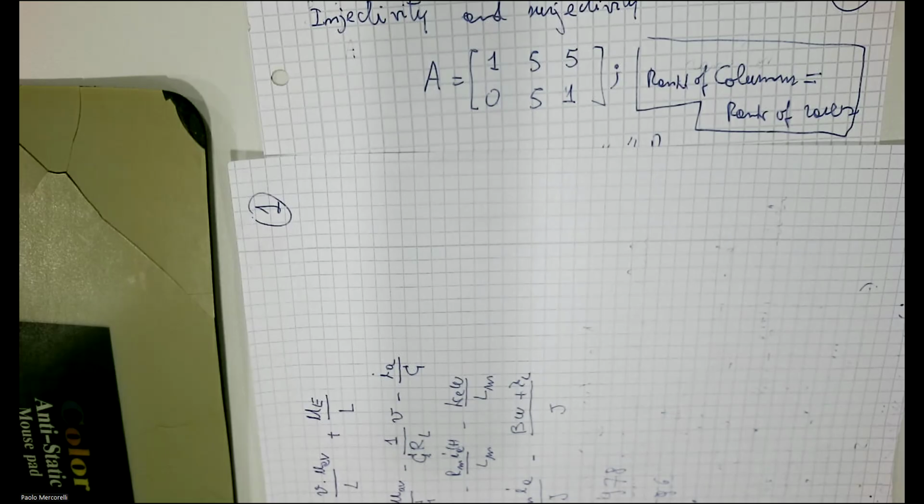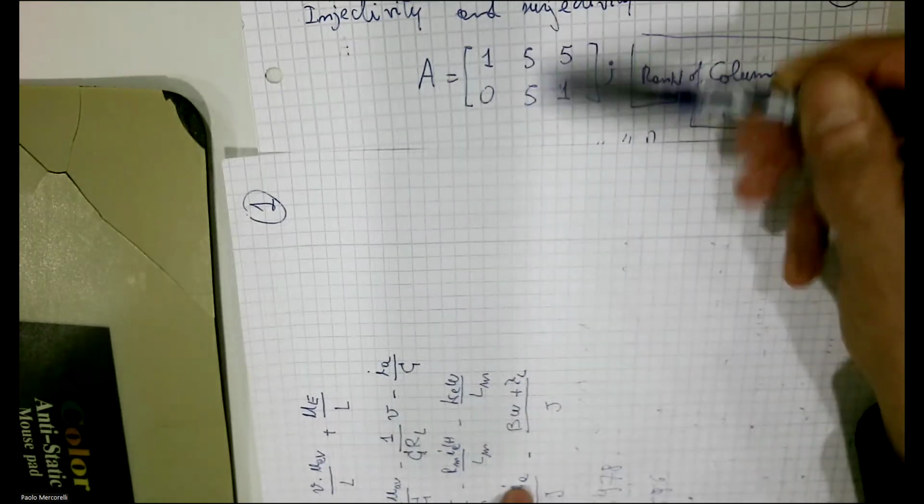Very good. But for the students at home, and then we go ahead. Basically, you say it's not injective because the columns are not independent. It's not a full column rank. This is the problem. If you look at the lecture, we also have a theorem: if the matrix is not full column rank, we lose the injectivity.